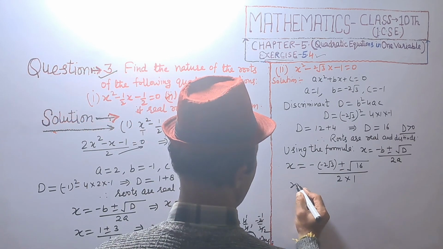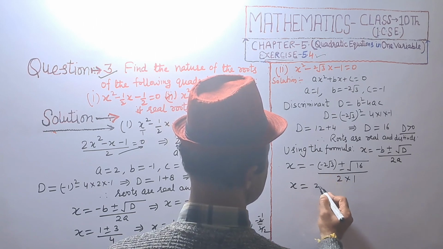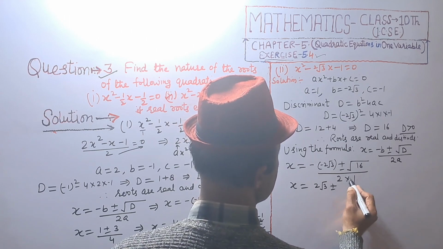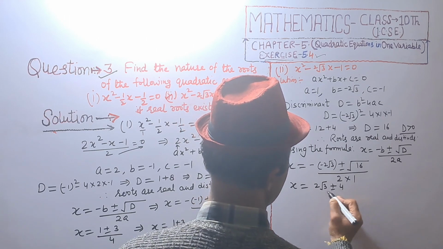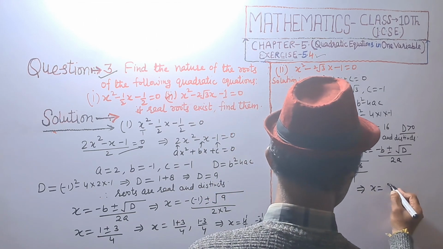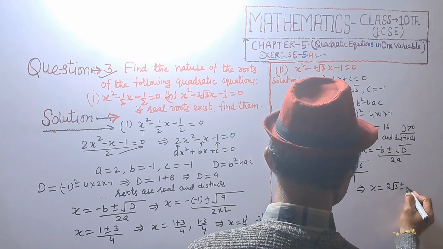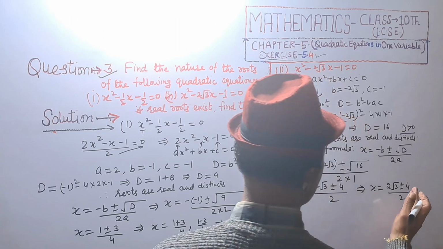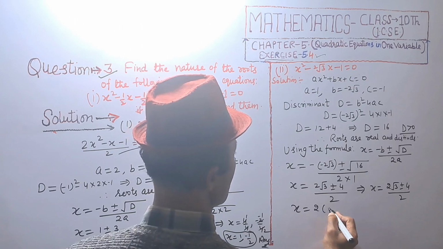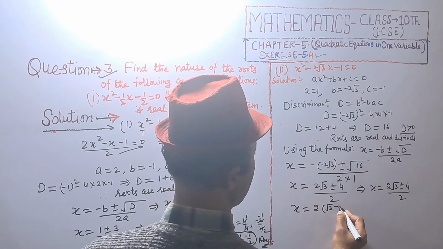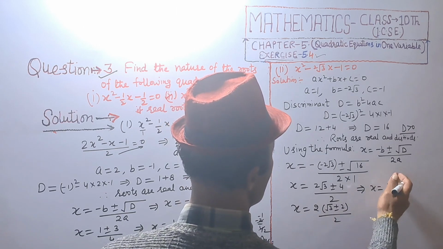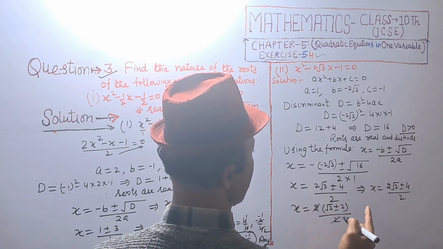Next step, value of x equal to plus 2 root 3 ± root 16, that is 4, divided by 2, which implies x is equal to (2 root 3 ± 4)/2. In the numerator 2 is taking common. x is equal to 2(root 3 ± 2) divided by 2.